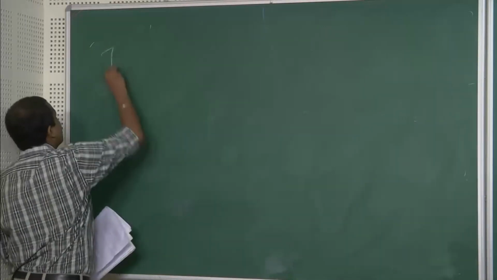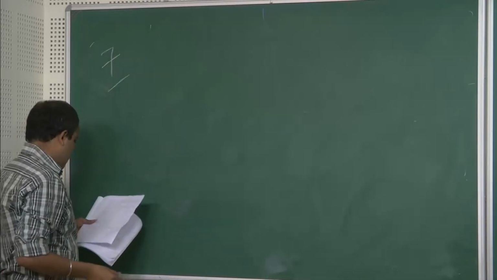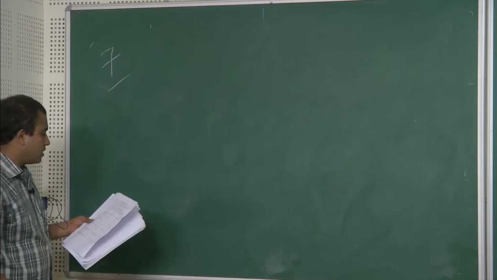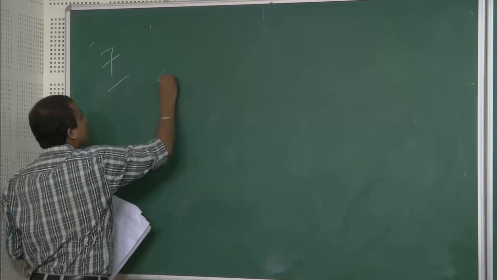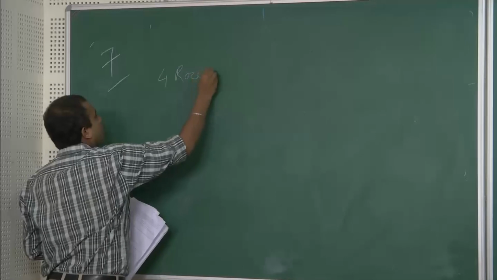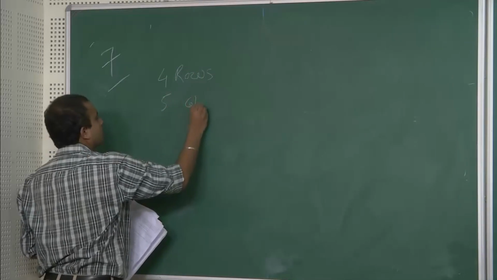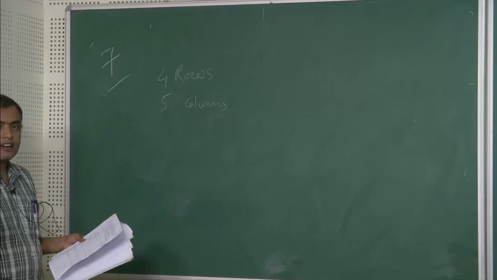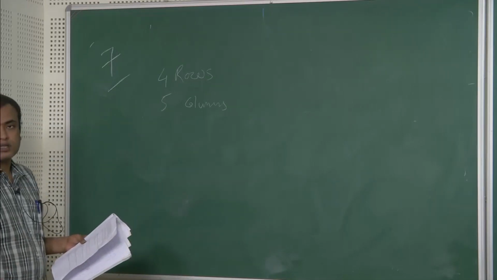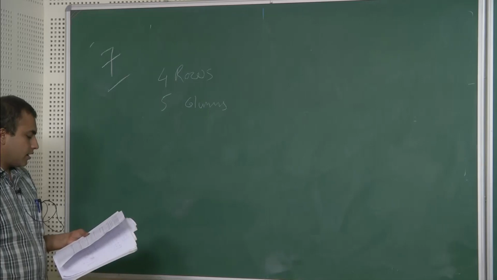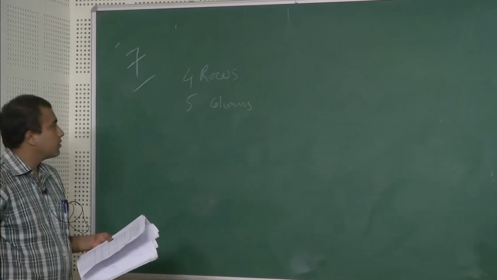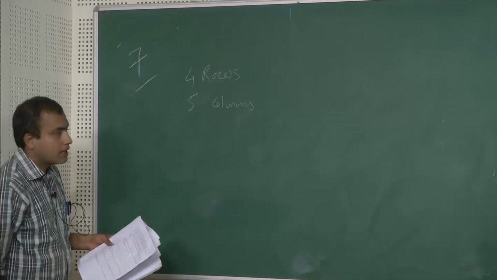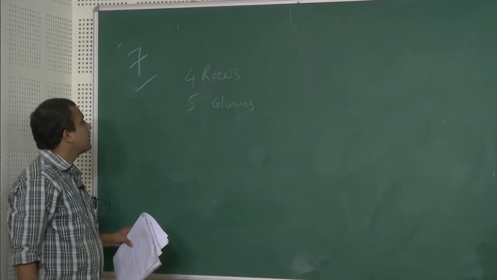Question 7 also I will quickly browse through. I will not even write down the matrix. Simply speaking, it has 4 rows and 5 columns, and we are asked about the rank of the matrix. So, of course, we will do Gaussian elimination, and after Gaussian elimination the number of linearly independent rows or columns, either way, because the rank is always the same.